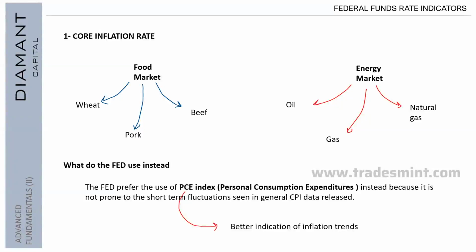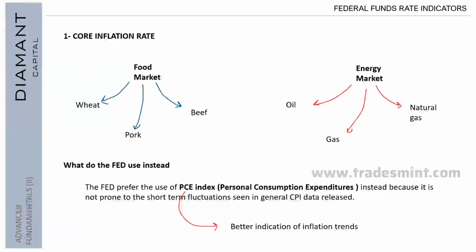Now, what do the Fed use instead? The Fed prefer to use the PCE index. Most of you would not have even heard of this because CPI is very well known, and of course, core CPI index. But this one right here is the personal consumption expenditures.